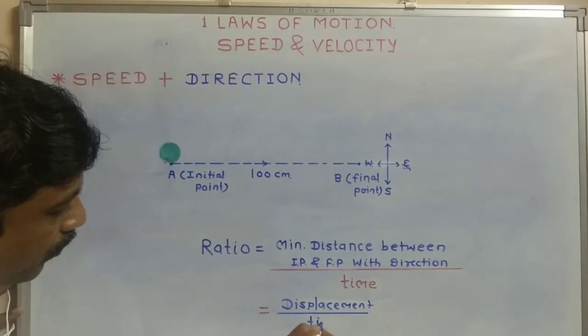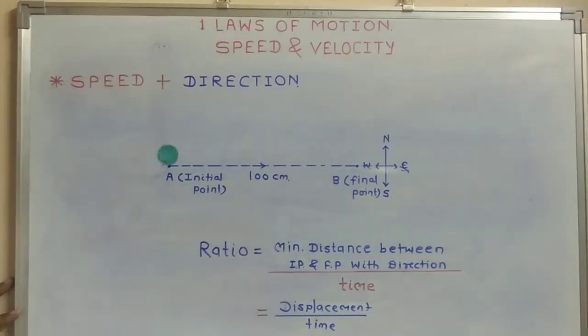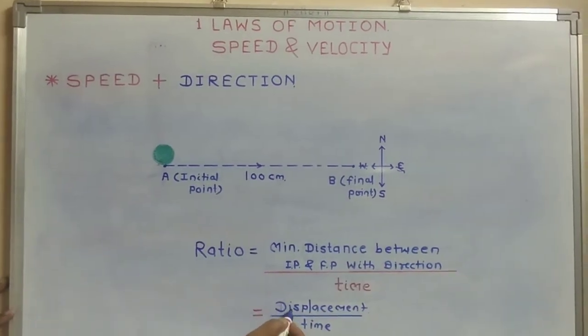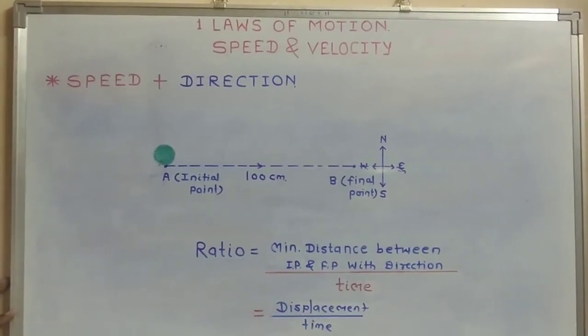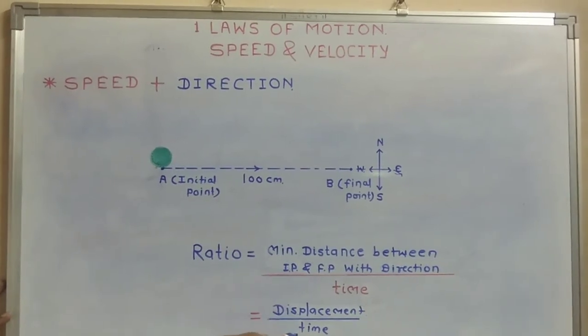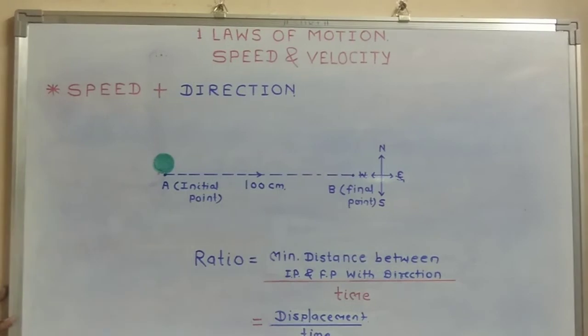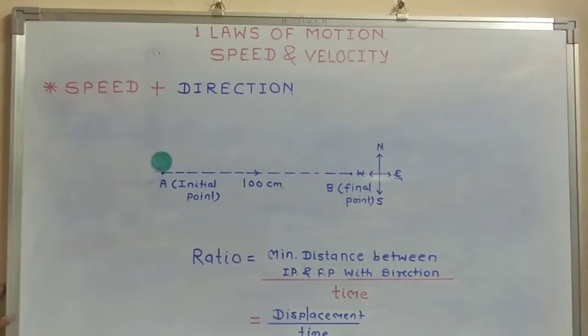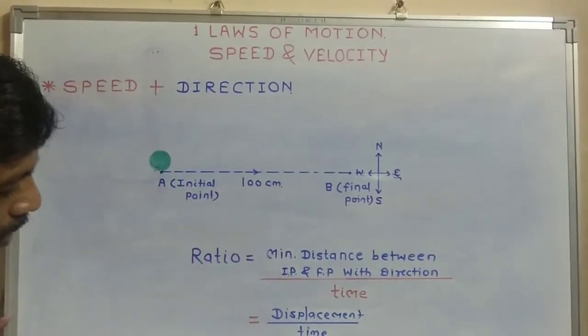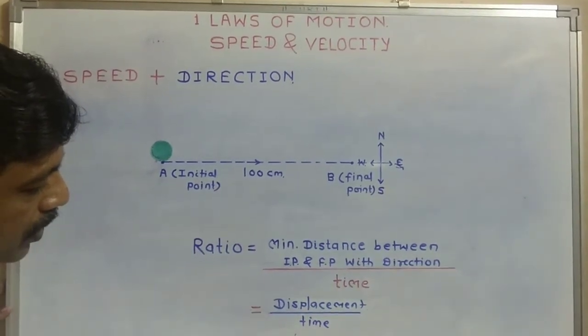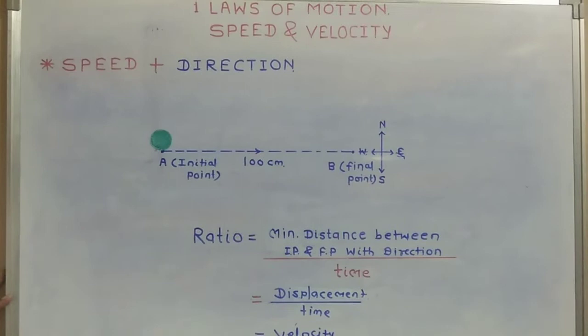It is divided by time, because it is a distance with direction. Distance with direction means displacement. Displacement upon time. Now this quantity in terms of physics we call a velocity. Therefore, I am writing here velocity.